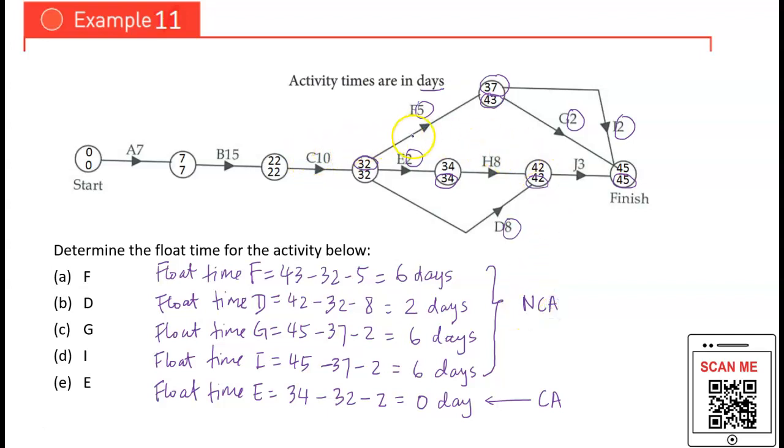Because if you look at the values here, you can see only this activity, which is activity E, has the EST value and LST value the same. So therefore, this is what we call a critical activity, whereas for the rest, the values are not all the same.